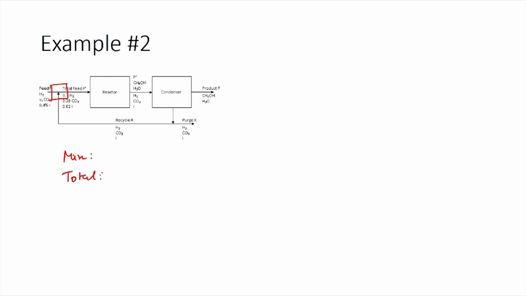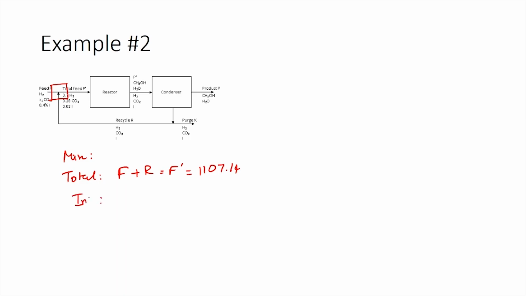Total mole balance for this system would be F plus R equals F prime, and we already know that F prime is 1107.14. We can also write the inert balances.